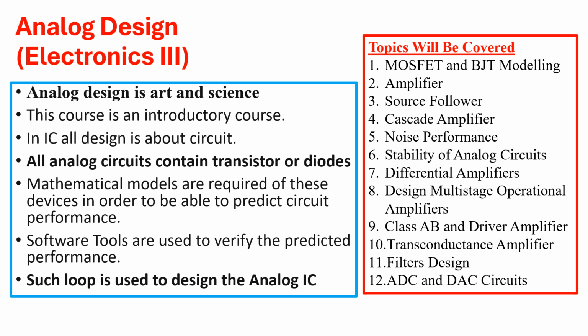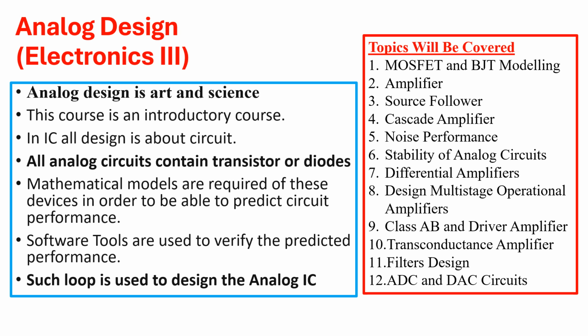Then we discuss the design of multi-stage operational amplifiers. This topic involves the design principles of multi-stage operational amplifiers to optimize performance parameters such as gain, bandwidth, and noise. Then we discuss class AB and driver amplifiers.